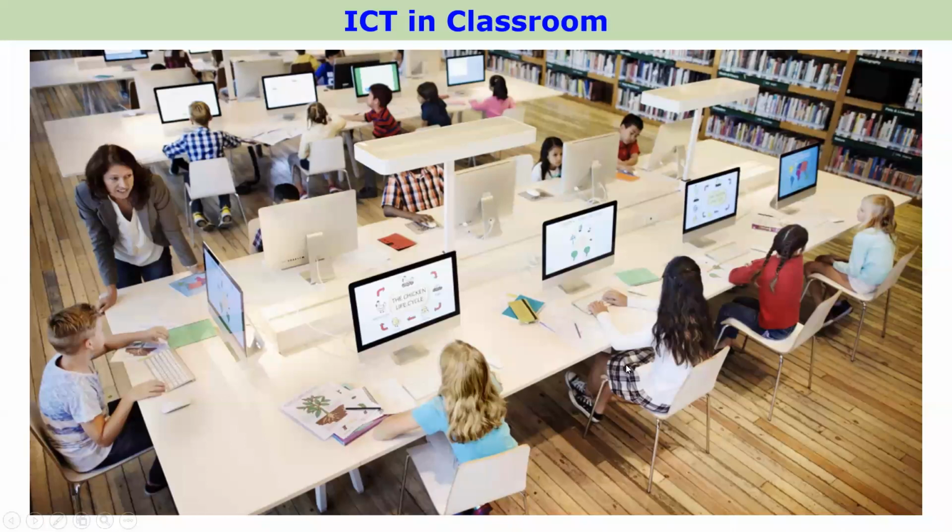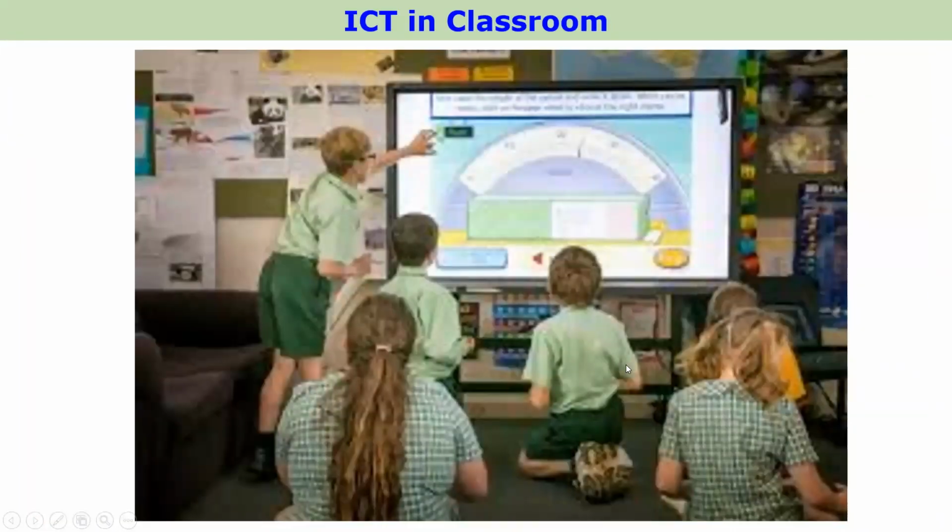Then look at some other images. Some technology devices, as I mentioned earlier, you can also use to interact with your students. This is a smart board or digital whiteboard. Using a digital whiteboard, you can make interactive lessons. Here, in this situation, the students are involved in doing some activities with the digital whiteboard.